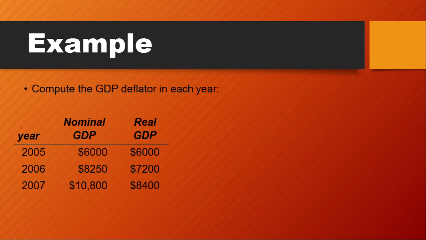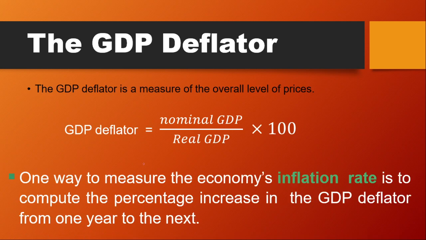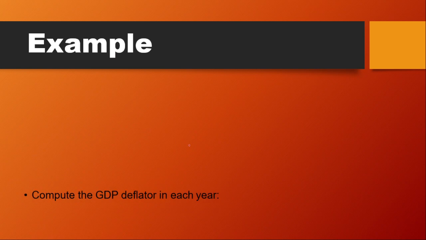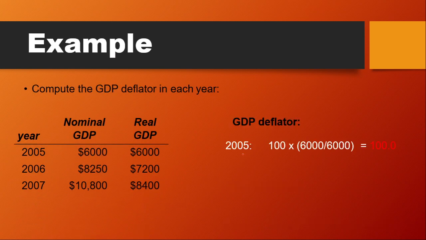Now with this information, you can calculate your GDP deflator, keeping your formula in mind. What does the formula say? It says nominal GDP divided by real GDP multiplied by 100. Right, so let's get into it. For 2005, that will be 6,000 divided by 6,000.